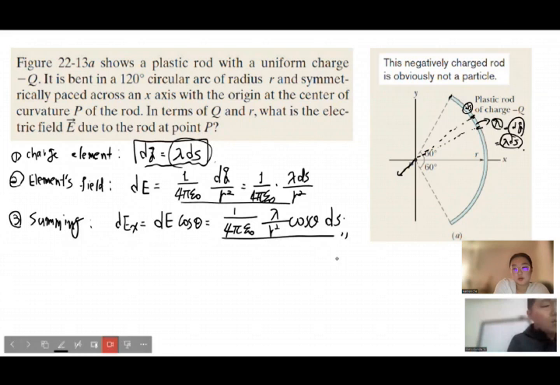So next step, you replace ds with the angle. As you know, arc length is radius times theta. So here s and theta are both variables.